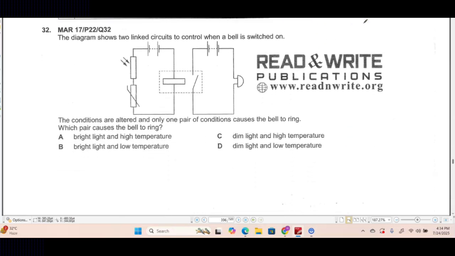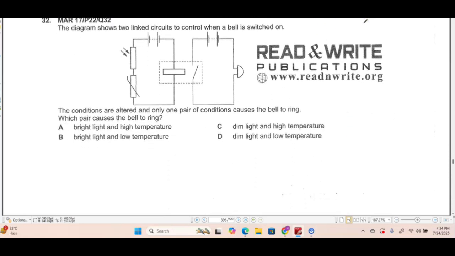The diagram shows two linked circuits to control when a bell is switched on. Okay, the conditions are altered and only one pair of conditions causes the bell to ring. Okay, which pair causes the bell to ring? Now if we look at the circuit, what we see is that a small current has to flow through this in order for the relay to switch on more current. Okay, so a small current is required.